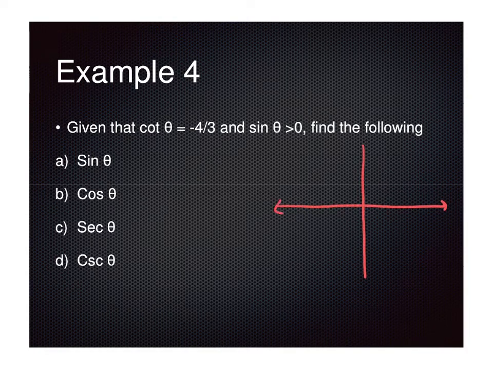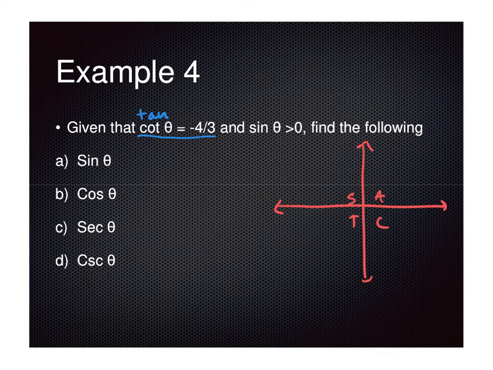So here we have all students take calculus. If cotangent is negative, what two quadrants does that cancel out? A and T. Remember, cotangent goes with tangent.